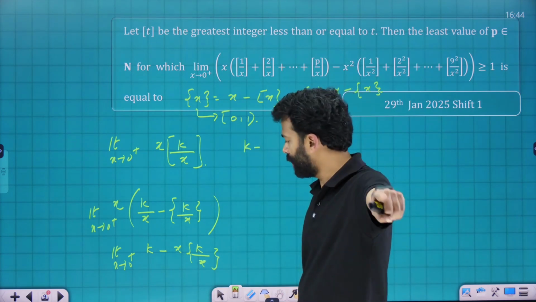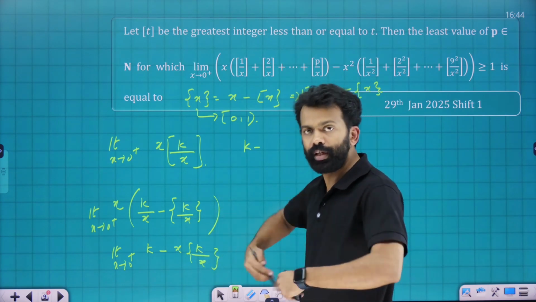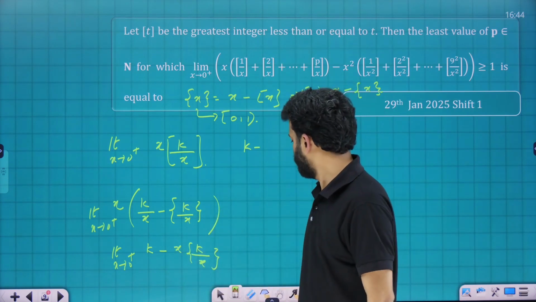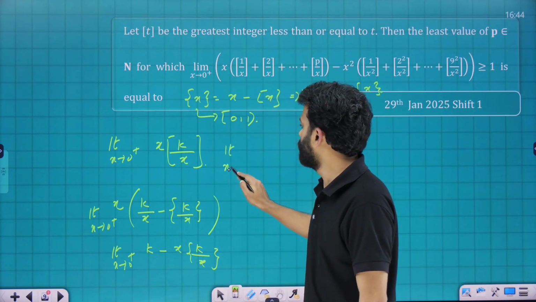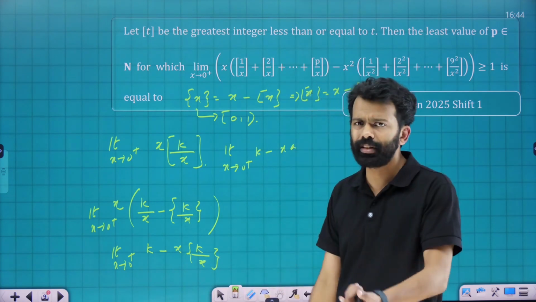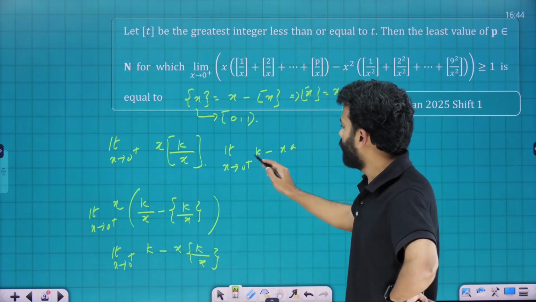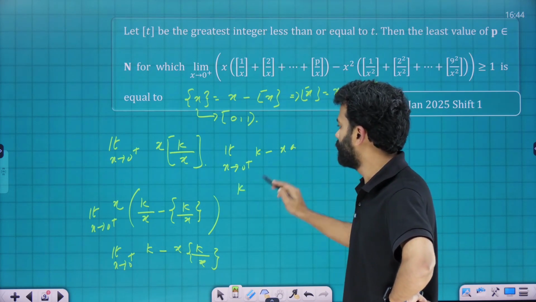Just listen very carefully. So this will be a constant, k by x will give you a constant value. Let's apply the limit in the next step. It will be limit x tends to 0 plus of k minus x into a, where a is a constant. After applying the limit, you get k minus 0 into a, that is 0 itself.